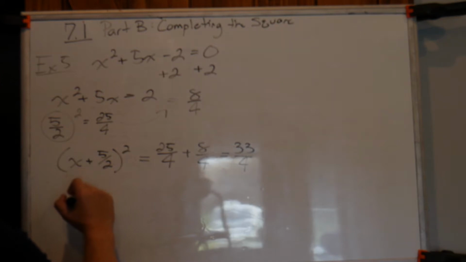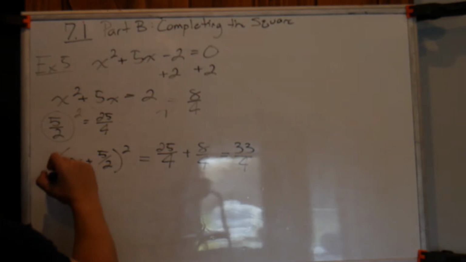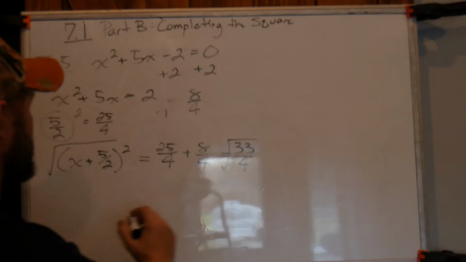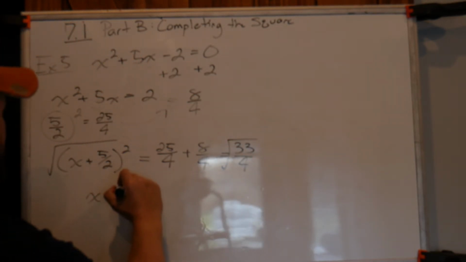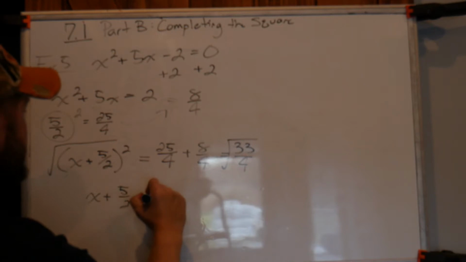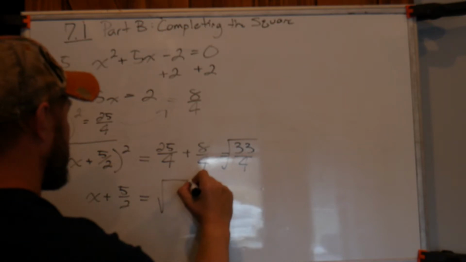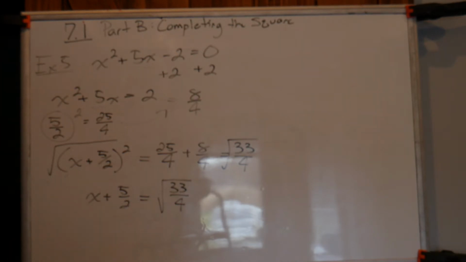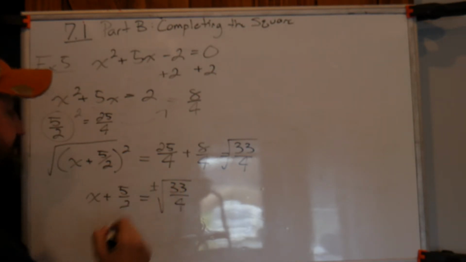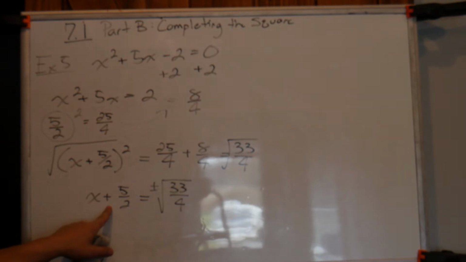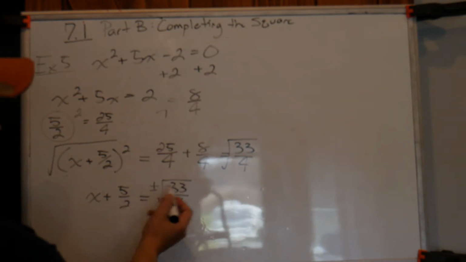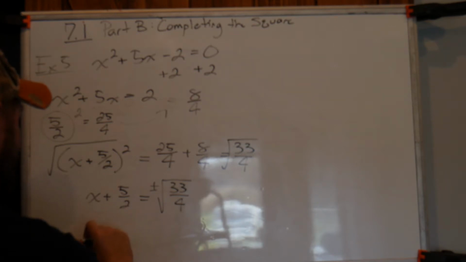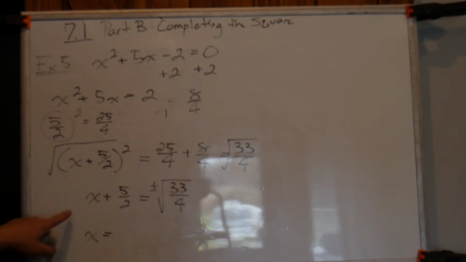33/4. When I take the square root, I know that I have x plus 5/2 equals plus or minus the square root of 33/4. So what I have to do is solve for my x.